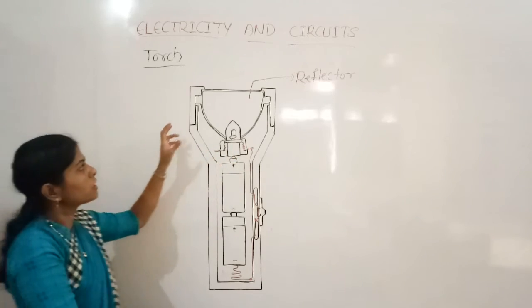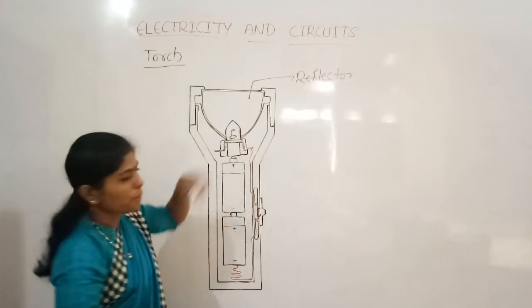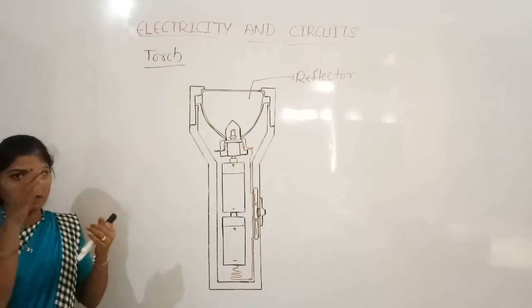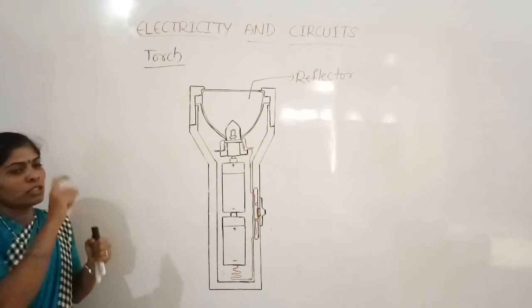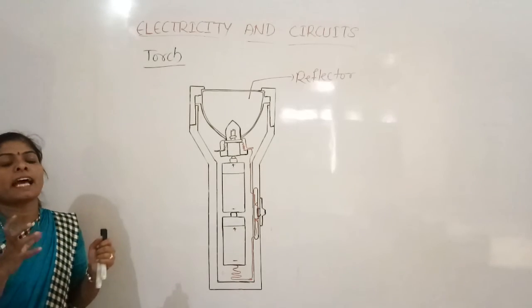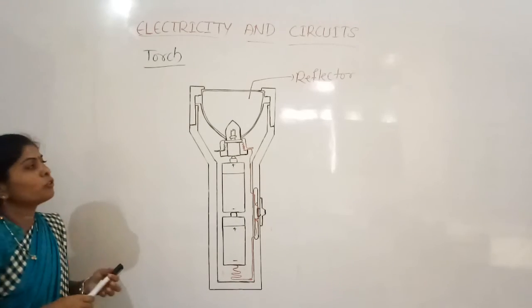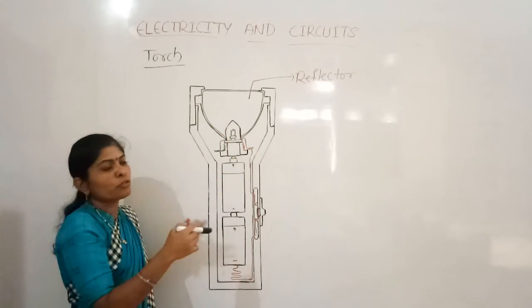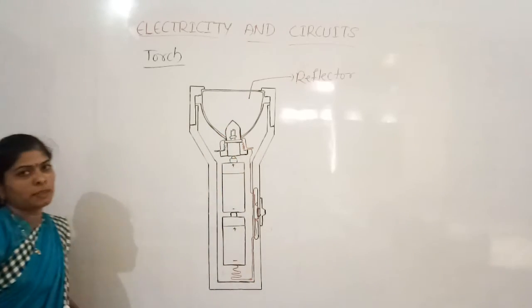This is because of the reflector. You can observe the silver color coating inside the walls of the torch, and that acts as the reflector. When the bulb is on, it reflects the light so that we can get more light.